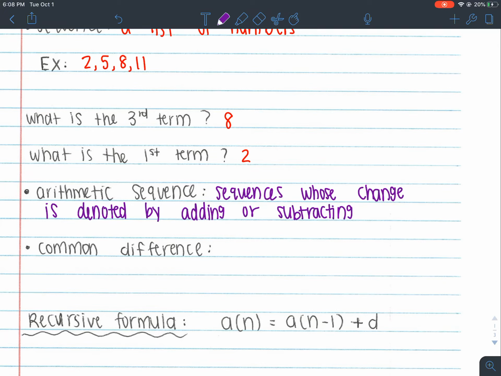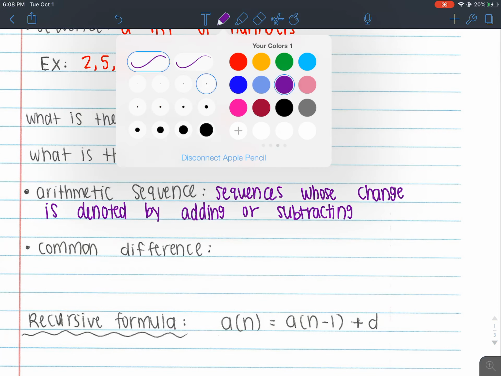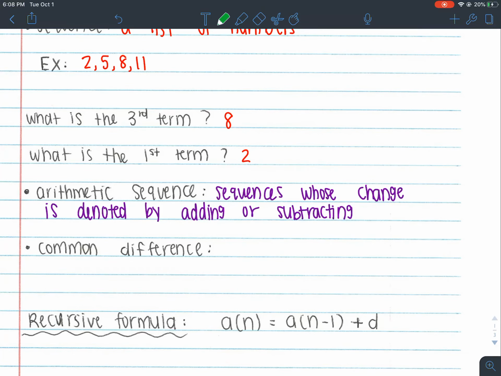Okay, so an arithmetic sequence is a sequence where you're either adding something or subtracting something to get from number to number. The common difference is the number you're adding or subtracting.